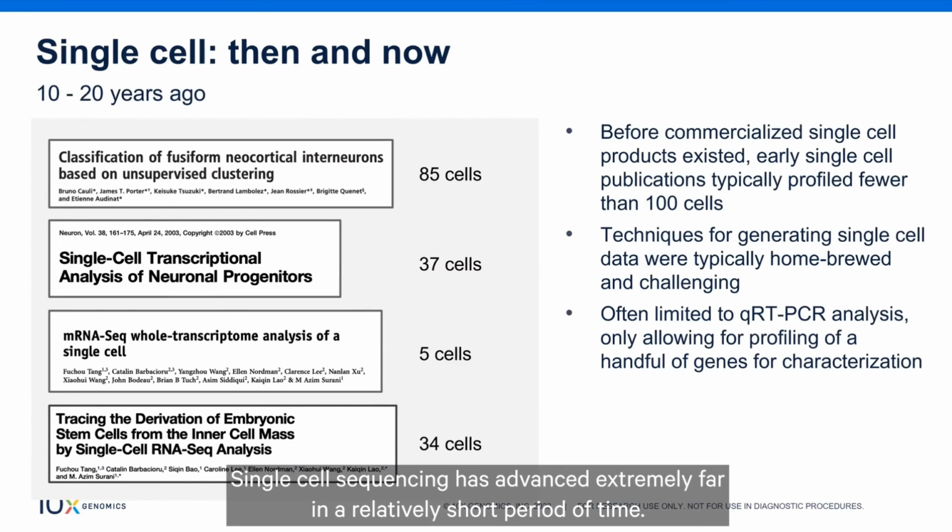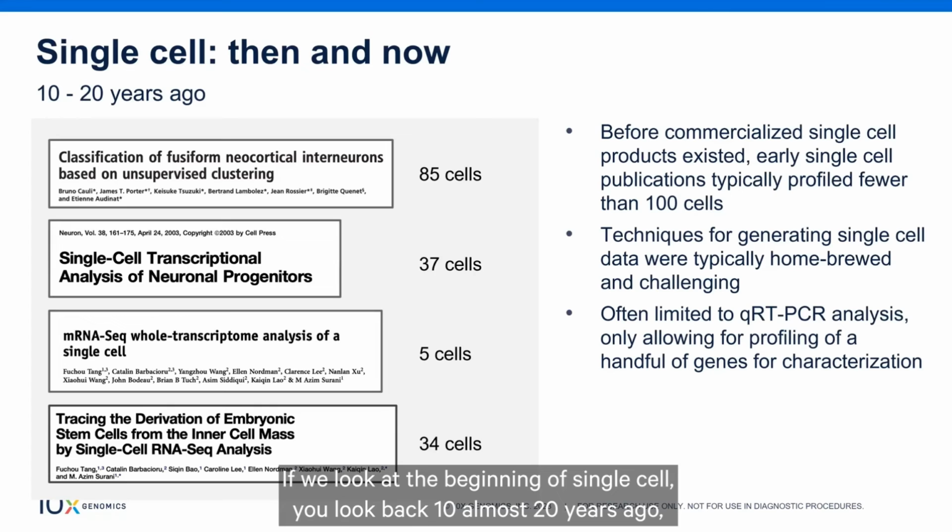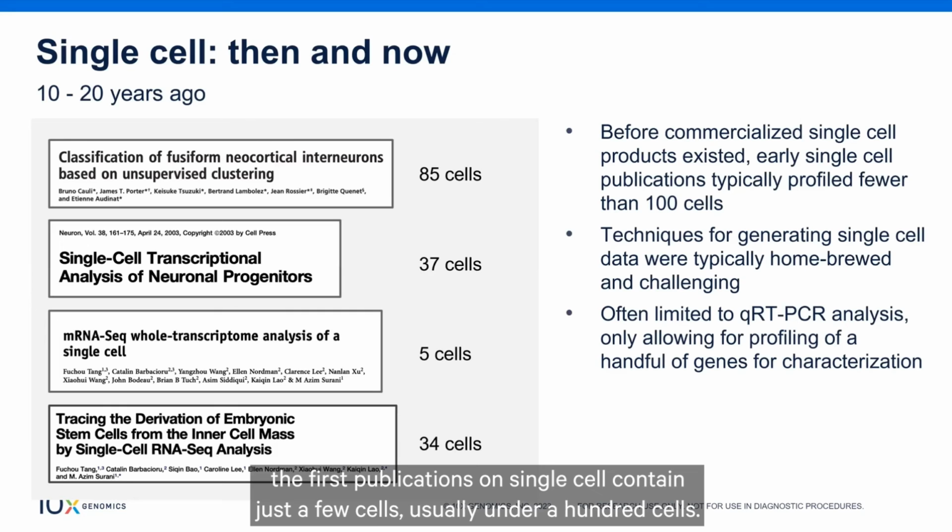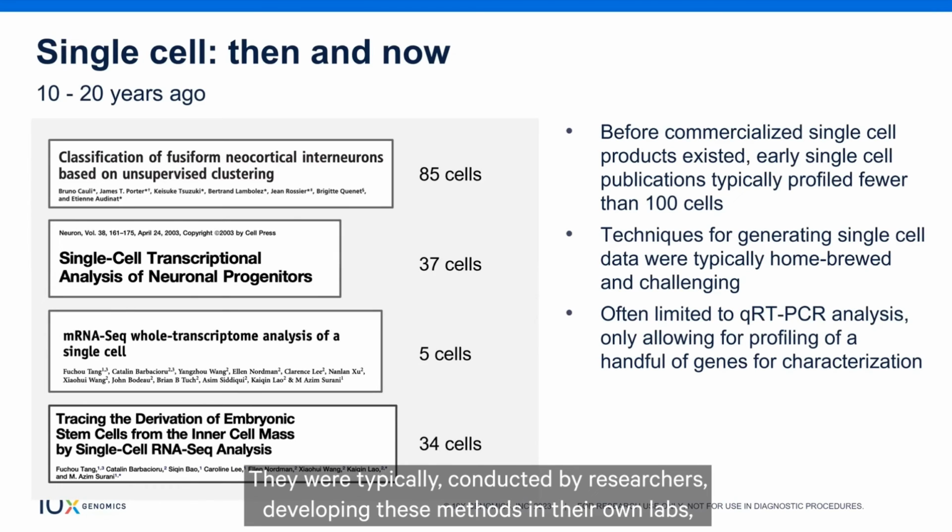So single-cell sequencing has advanced extremely far in a relatively short period of time. If we look back 10, almost 20 years ago, the first publications on single-cell contained just a few cells, usually under 100 cells. And they were typically conducted by researchers developing these methods in their own labs, so homebrew methods.